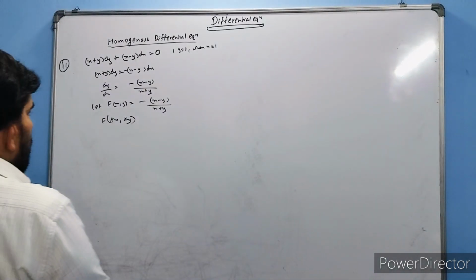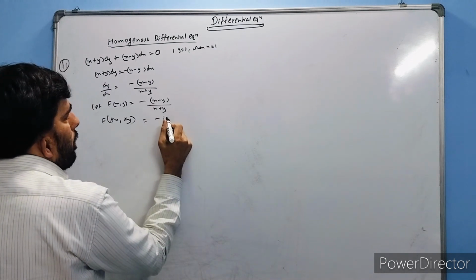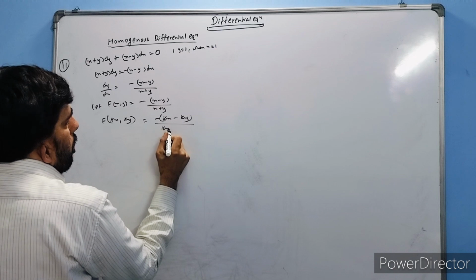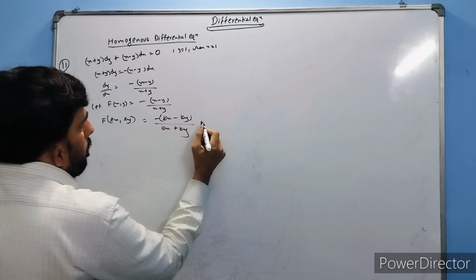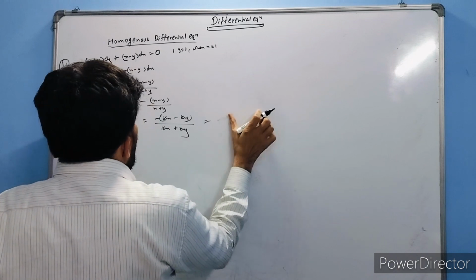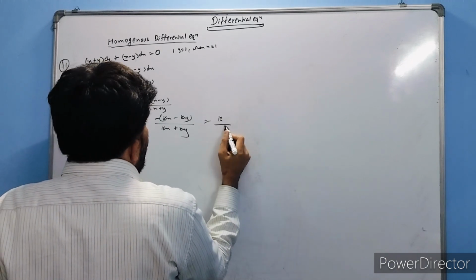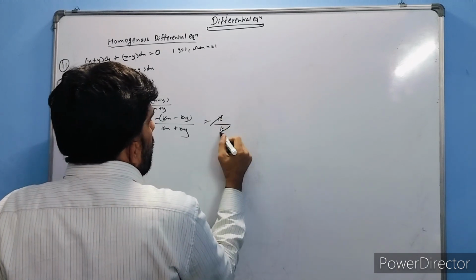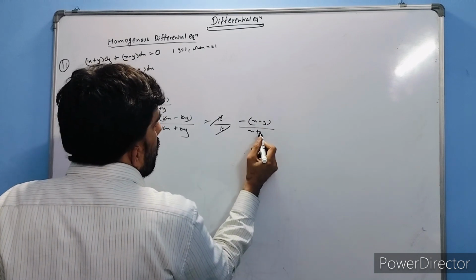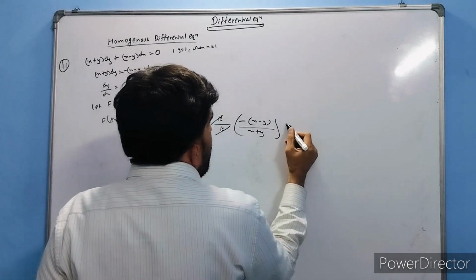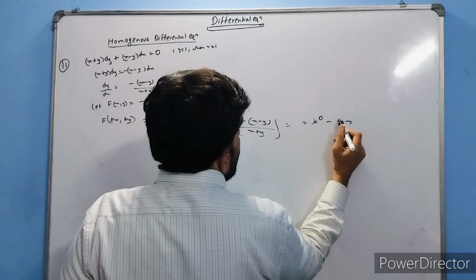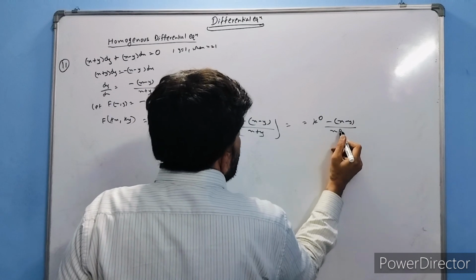So now let us see, we have minus (kx minus ky) upon (kx plus ky). We take minus sign common here. So what we'll do here? We'll take common k. So we have minus (x minus y) upon (x plus y). So I can write it as k to the power 0 times minus (x minus y) upon (x plus y).